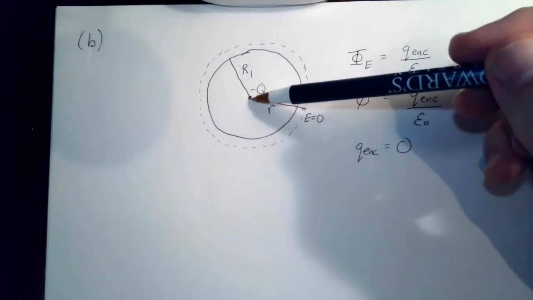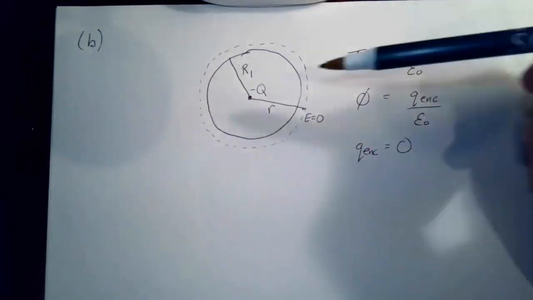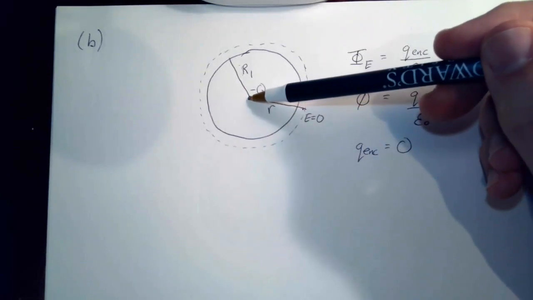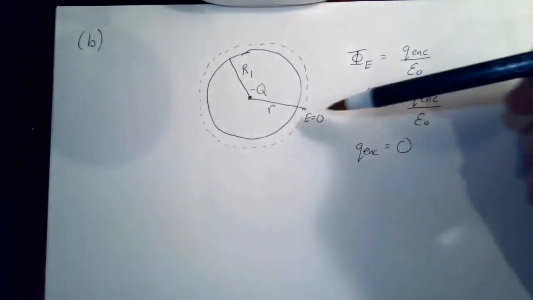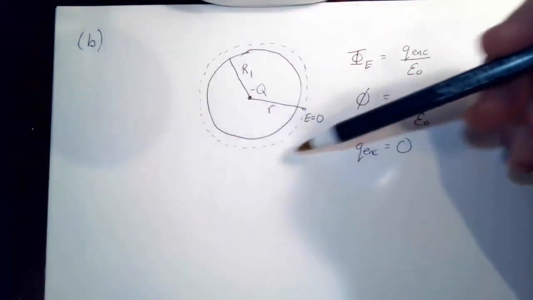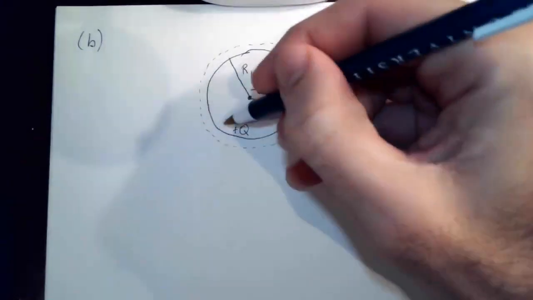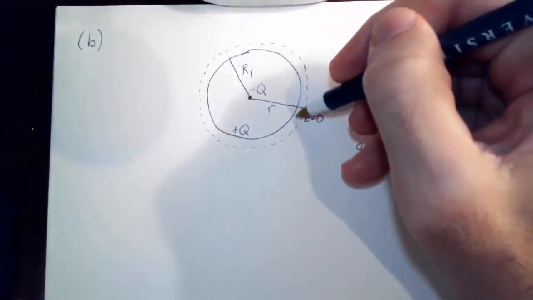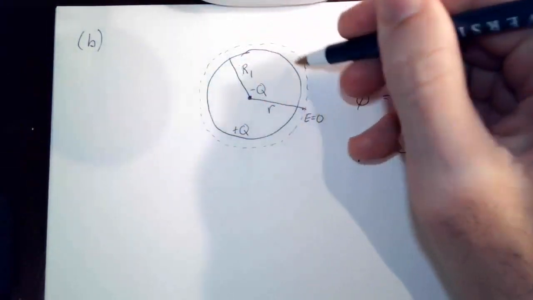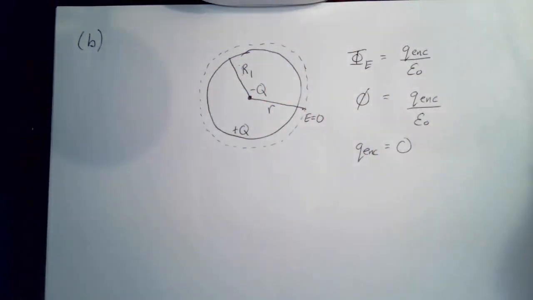But I have a negative Q right here in the center of the hollow part of the shell, and the charge enclosed by this Gaussian surface needs to be zero. So that tells me right away that I've got a charge plus Q distributed around the interior surface of this shell. Okay, so plus Q is along the inside.